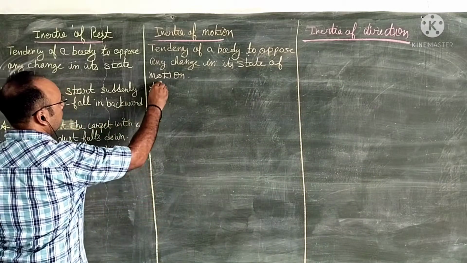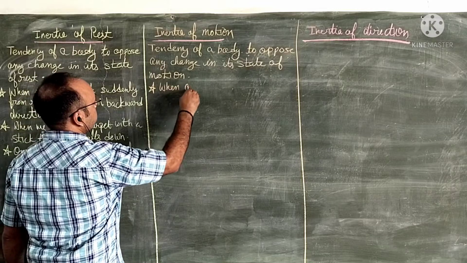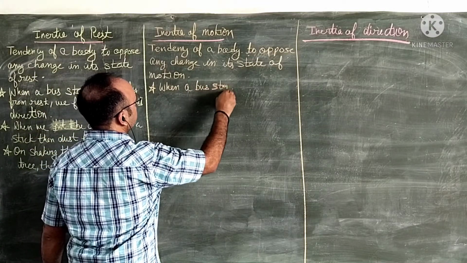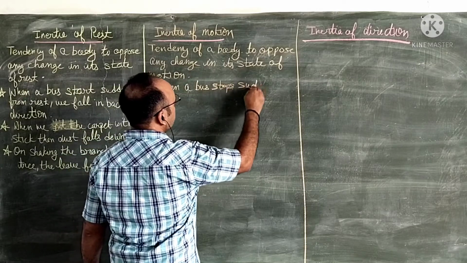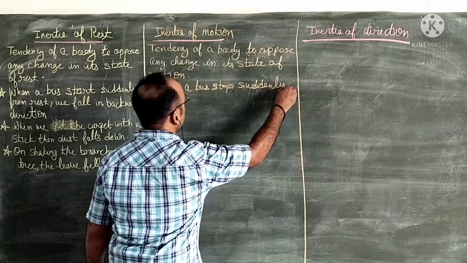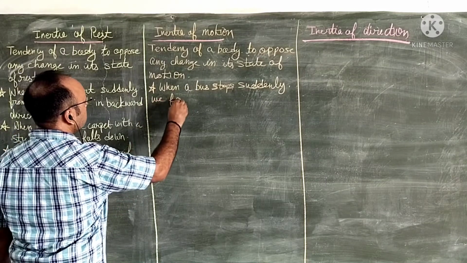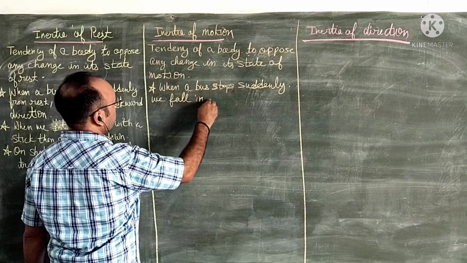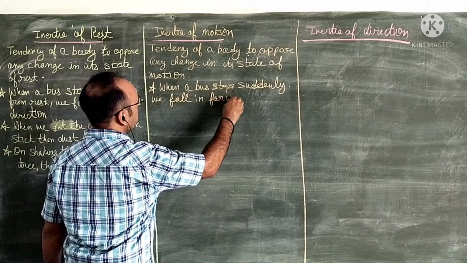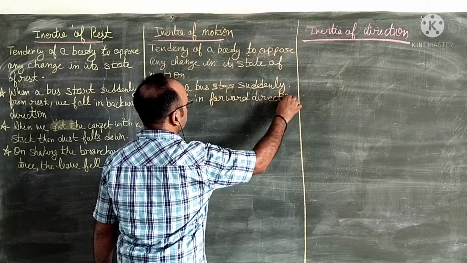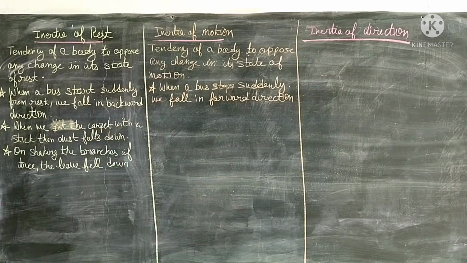So we can write it down: when a bus stops suddenly, we fall in the forward direction. This is a very common example, right?